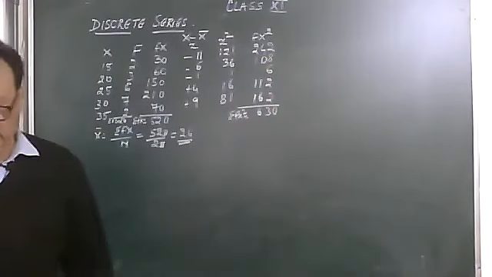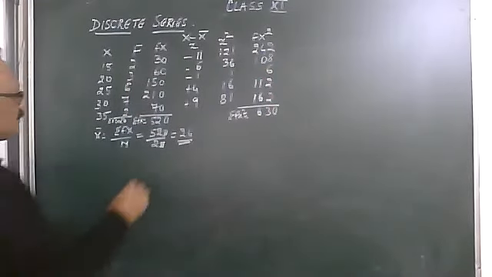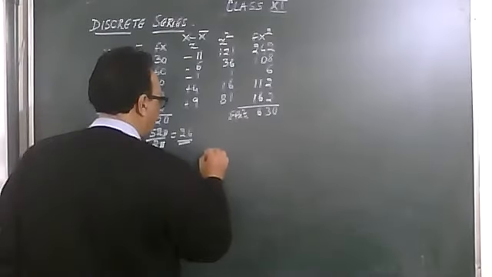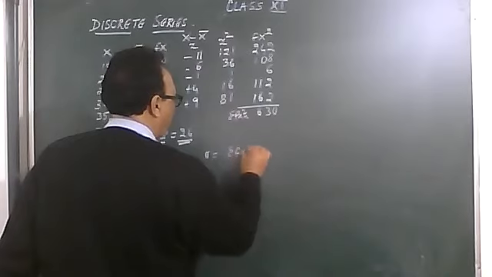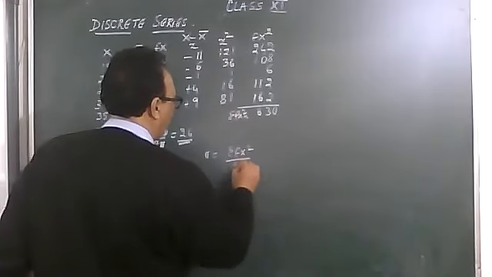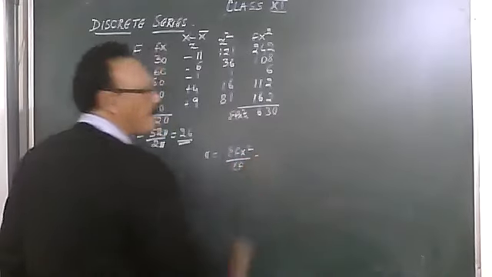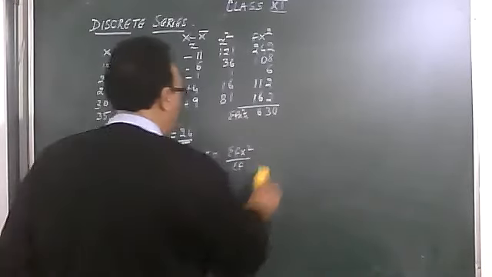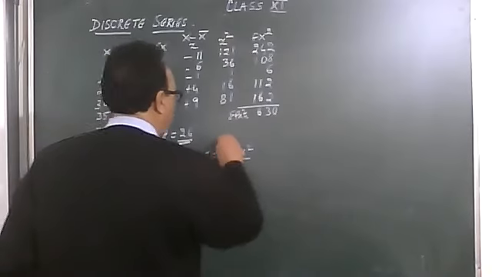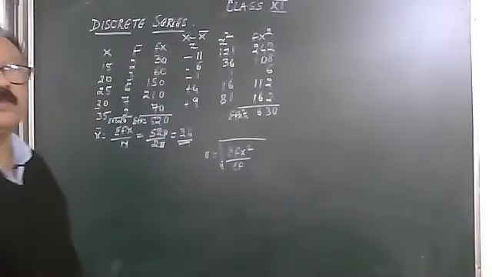Now the formula becomes standard deviation is equal to the square root of sigma fx squared upon sigma f. This is the actual mean method, sorry, not the direct method.